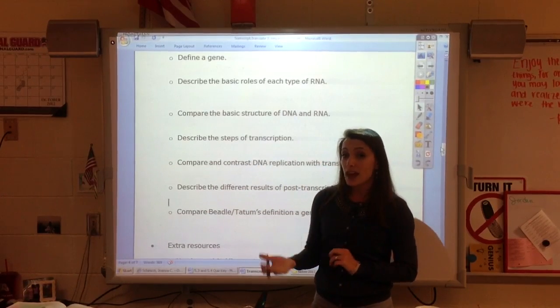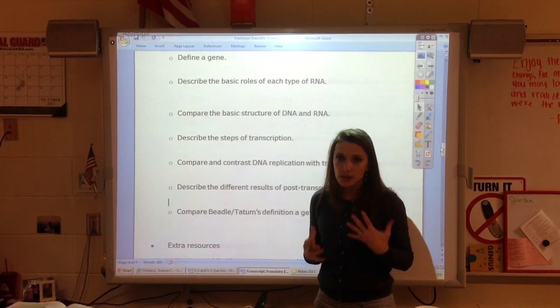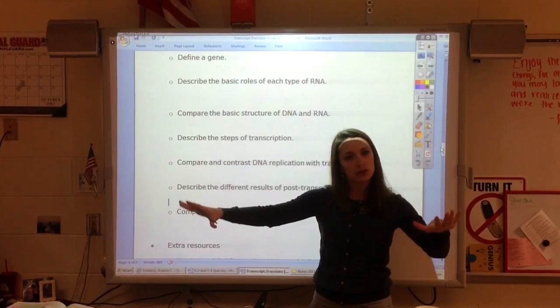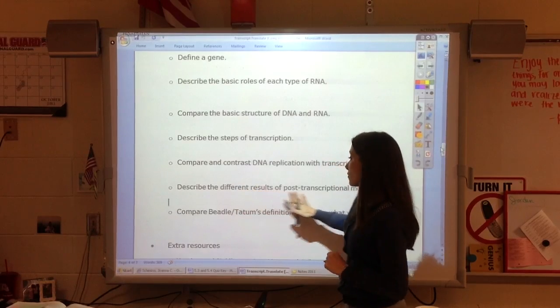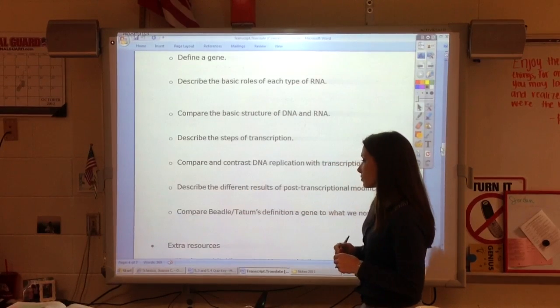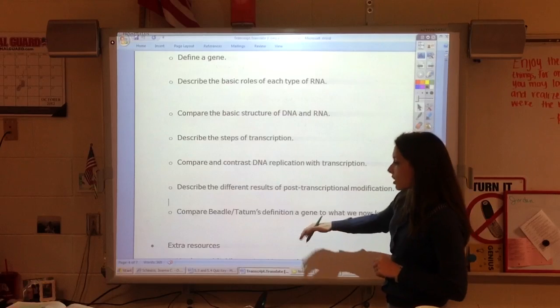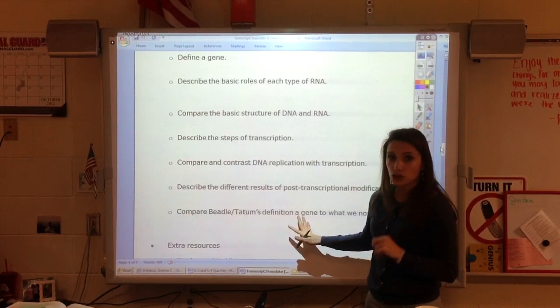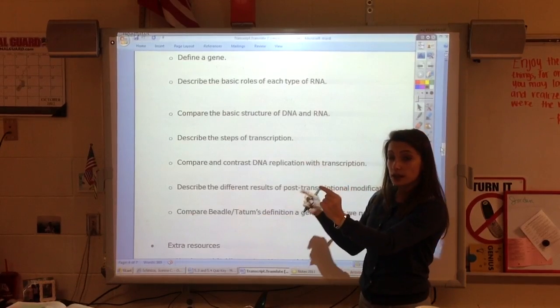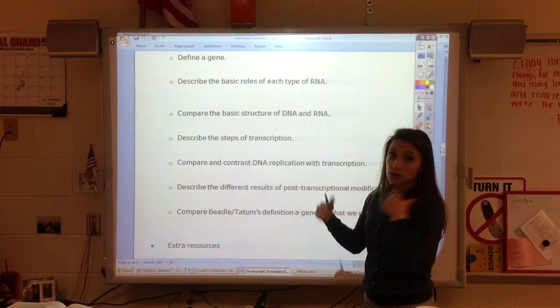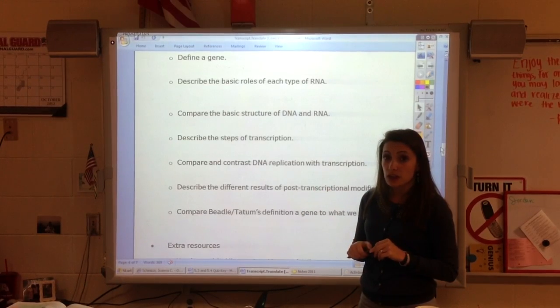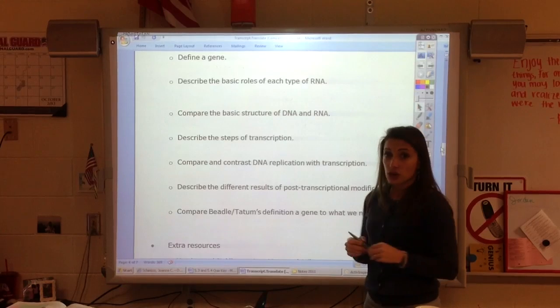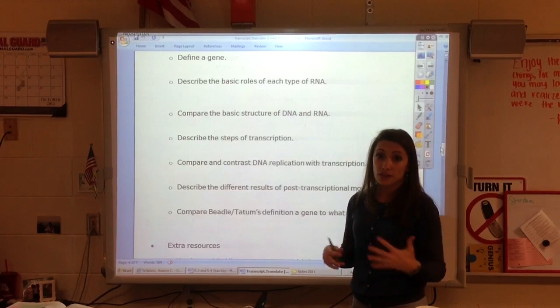There are some things that they have in common, but there are some things that are very different. So you want to make sure that you can separate those in your brain. Describe the different results of post-transcriptional modification, and then talk about Beadle and Tatum's definition of a gene, one enzyme, and compare that to what we get, especially keeping in mind those post-transcriptional modifications. And that really is transcription. From here, you just really have to do some practice.